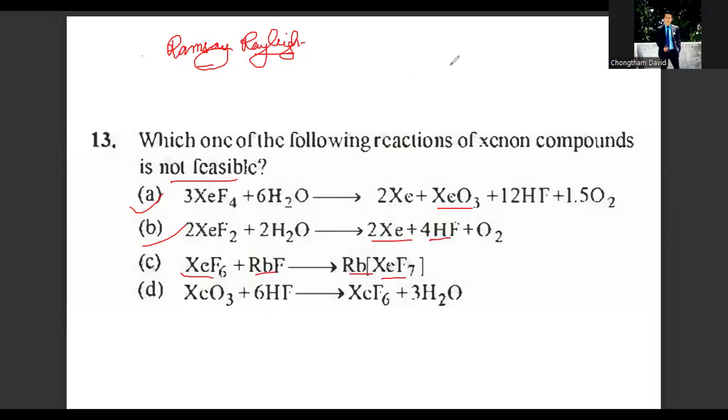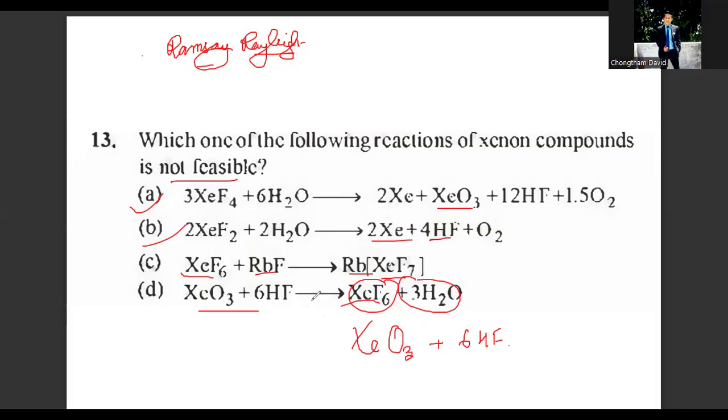So read this thoroughly. The last option, xenon trioxide and hydrogen fluoride. When these two react, it gives xenon hexafluoride and water molecule. Is this the correct answer? No, this is not the correct product. The correct product would be xenon trioxide and hydrogen fluoride. Right?